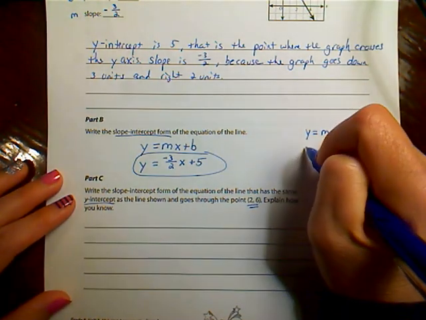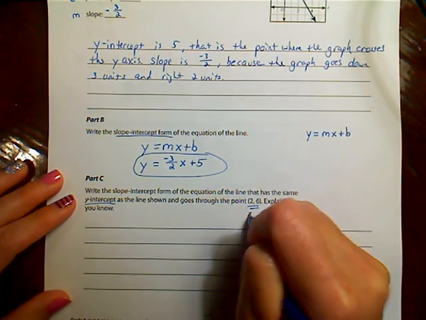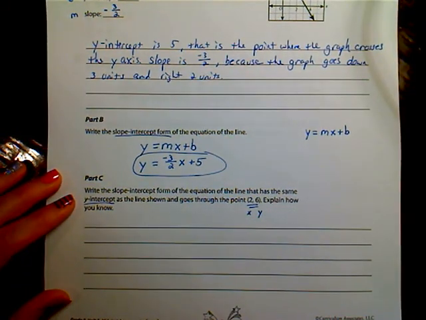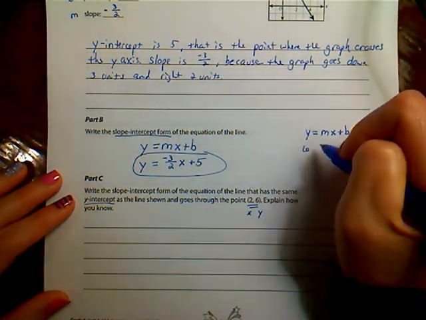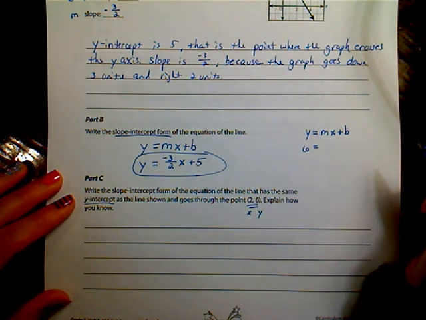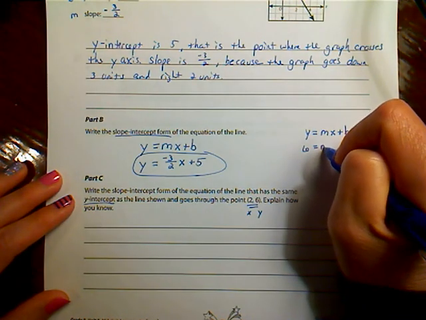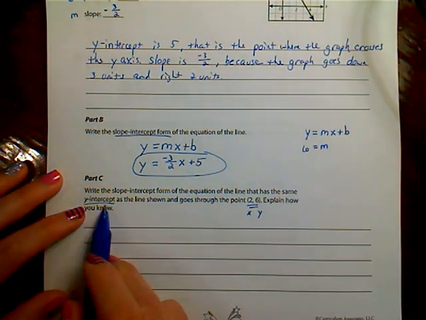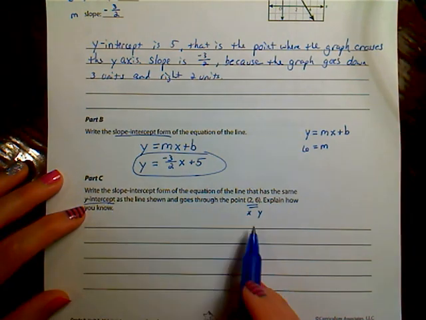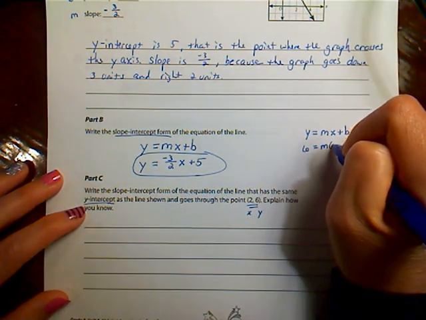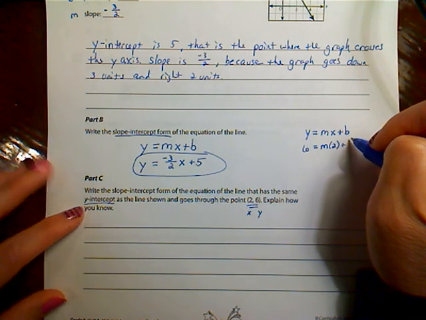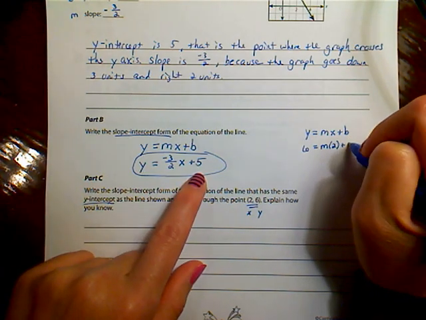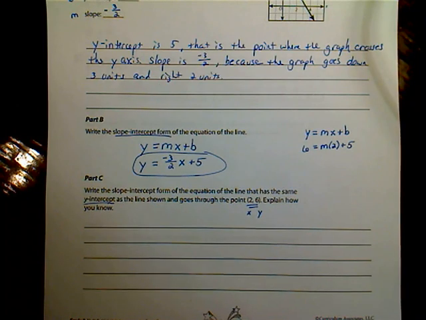This is my x and this is my y. So I'm going to put 6 in for y. I can't use my slope, I have to come up with it. I'm using the same y-intercept, so I'm going to use that 5. I just got to come up with a new m.